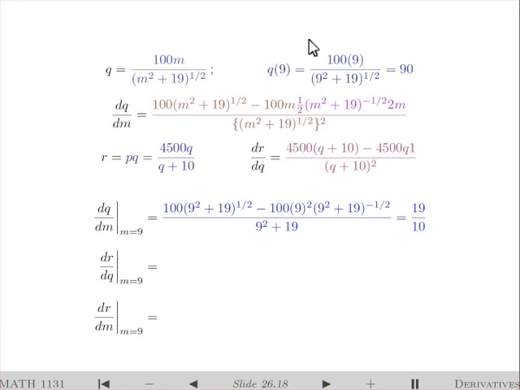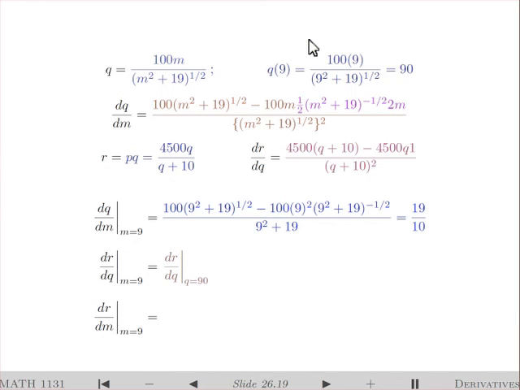When M is 9, you plug in 9 for M in Q. That gives me 100 times 9 divided by (9 squared plus 19) to the power 1 half, which simplifies to 90. So dR over dQ when M is 9 is the same as dR over dQ when Q is 90.